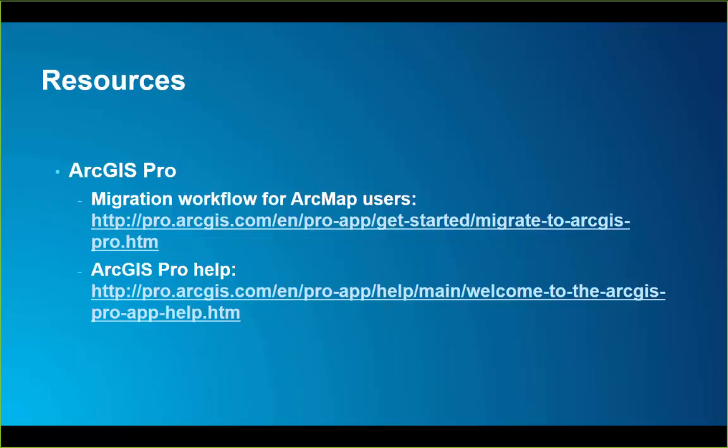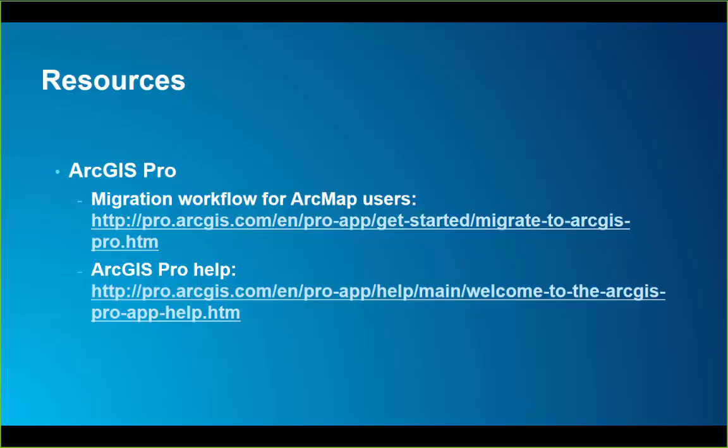If you're looking for help documentation, a great starting point for those types of resources, and even the ones that helped me put together my slides for today, is the Esri help documentation. The first link here talks about migration workflows for ArcMap users, completely relevant to what we talked about.